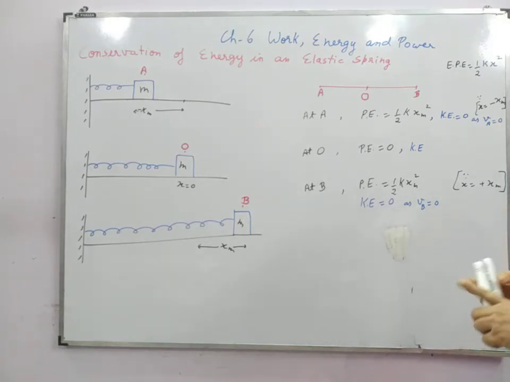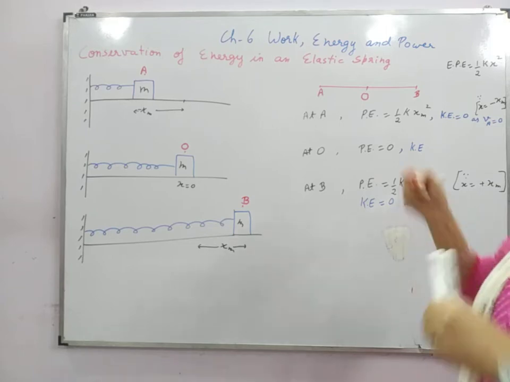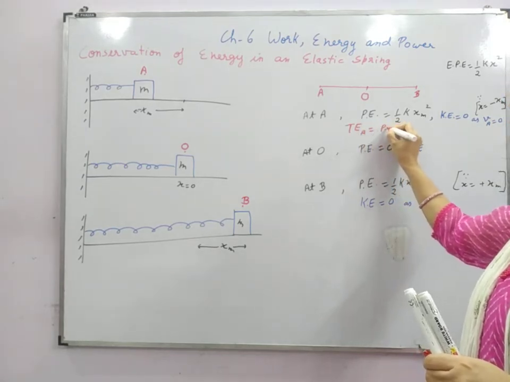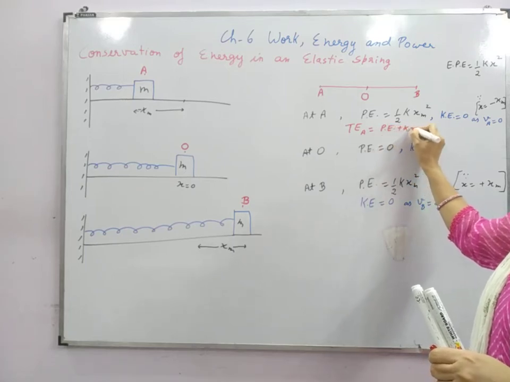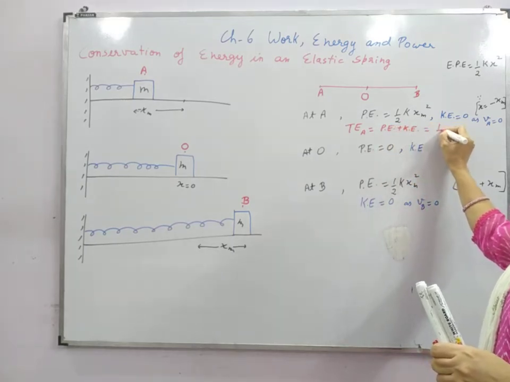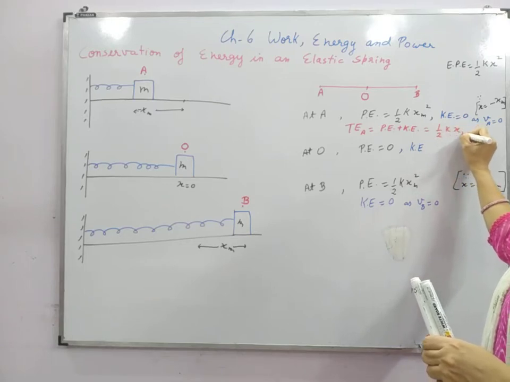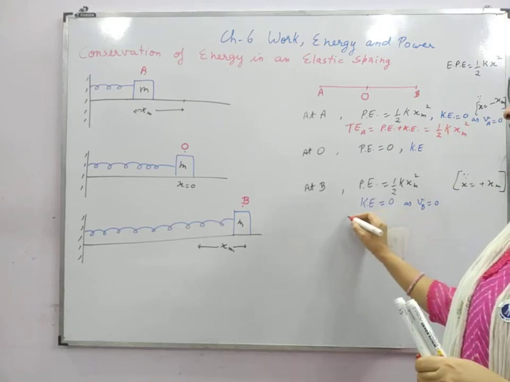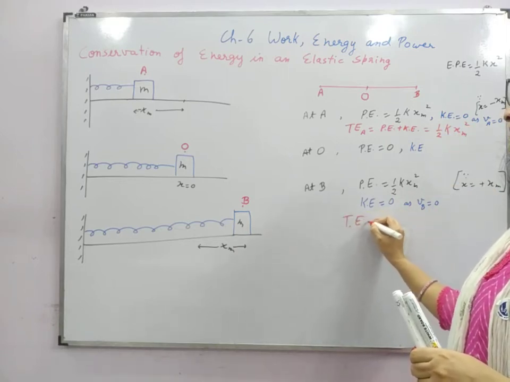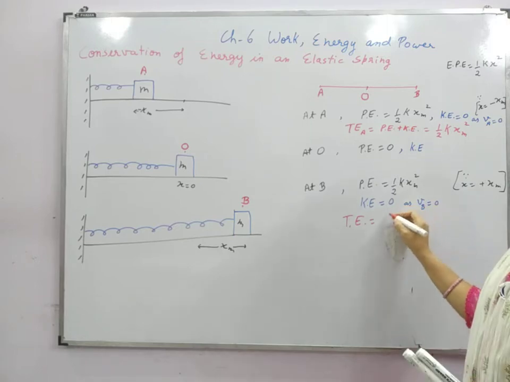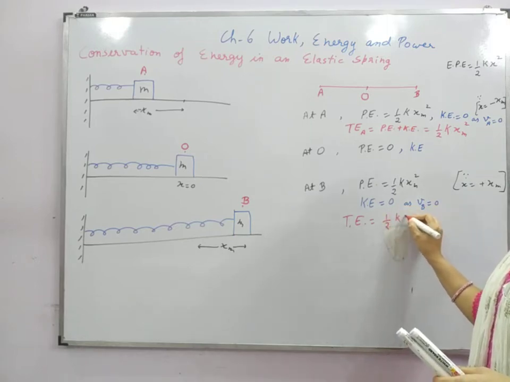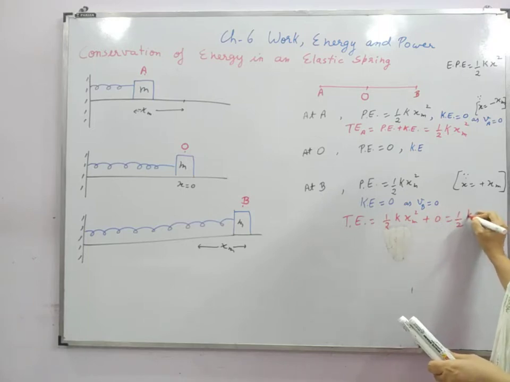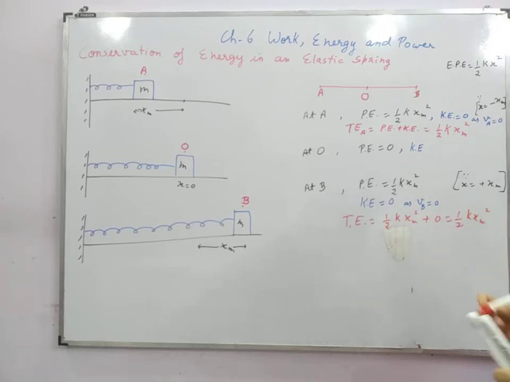But the total energy is conserved, so the total energy at A is potential energy plus kinetic energy, which gives half k xm square. Similarly here, the total energy will again be potential energy plus kinetic energy, so half k xm square plus 0 is equal to half k xm square.